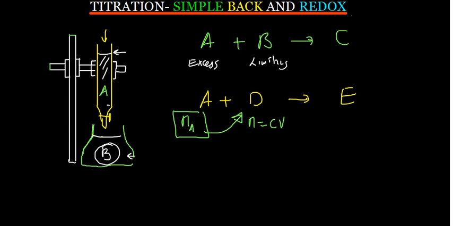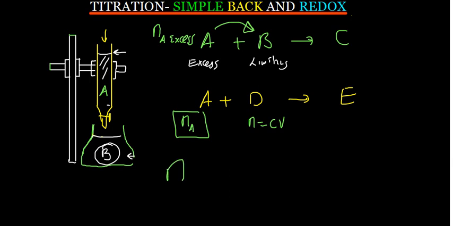Now at the beginning of the reaction, remember you also knew the number of moles of A, though it was in excess. So you are going to determine also the number of moles of A which are what? In excess. So these ones are in excess. Everything which remained reacted in the second reaction. So you can determine actually how many moles reacted with B in the first reaction.